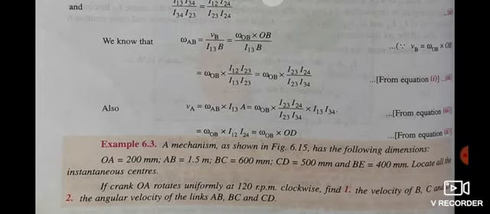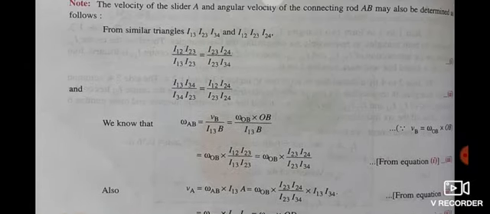Also VA equals omega AB into I13A, which is omega OB into I23I24 divided by I23I34, multiplied by I13I34 from equation 3, and omega OB into I12I24 equals omega OB into OD from equation 2. These are the velocities. We found VA and VB.